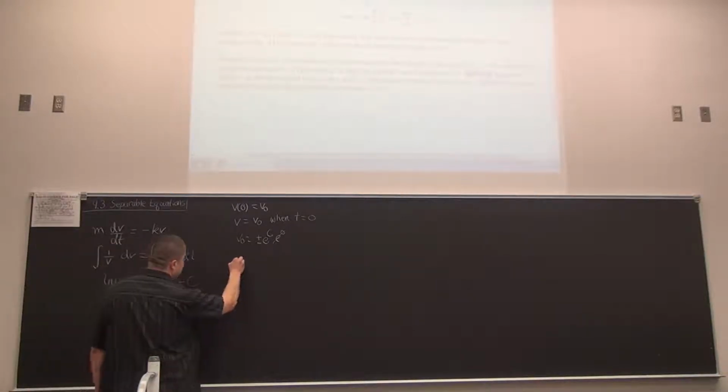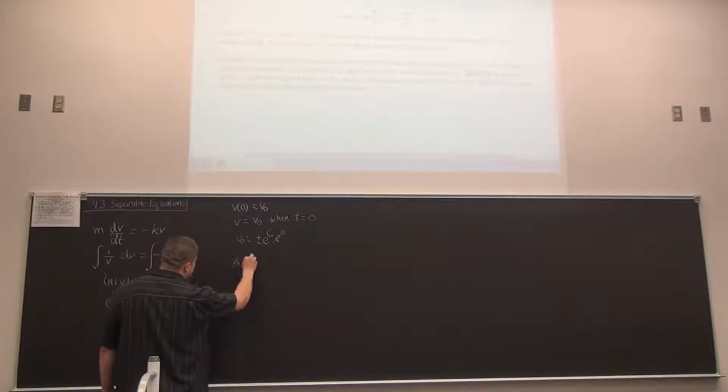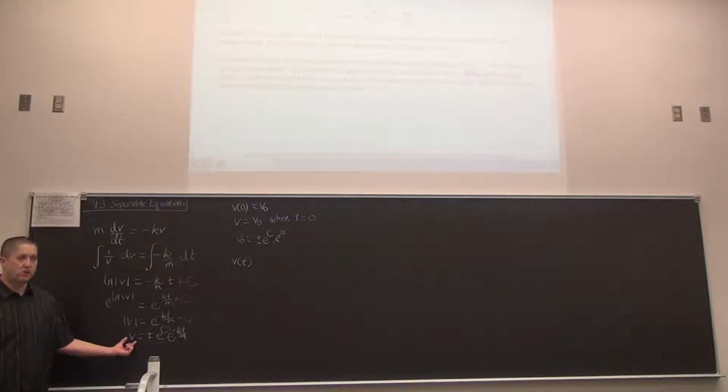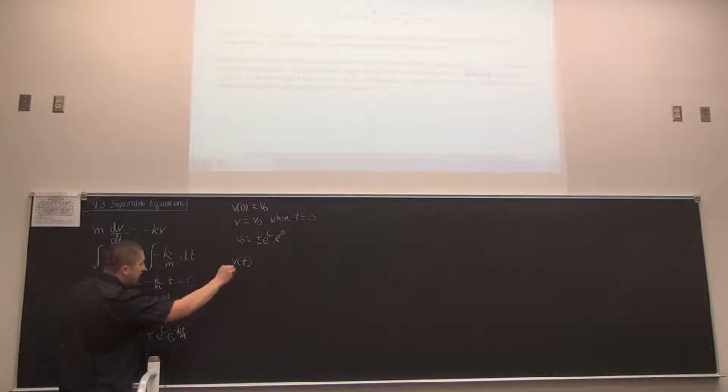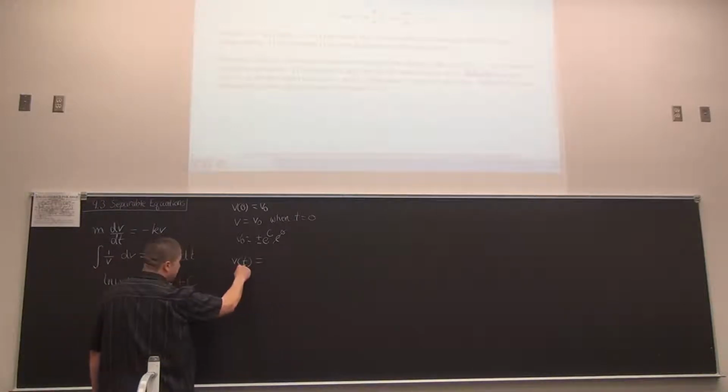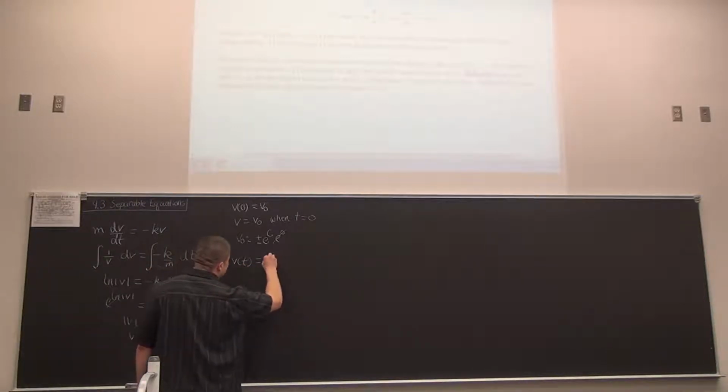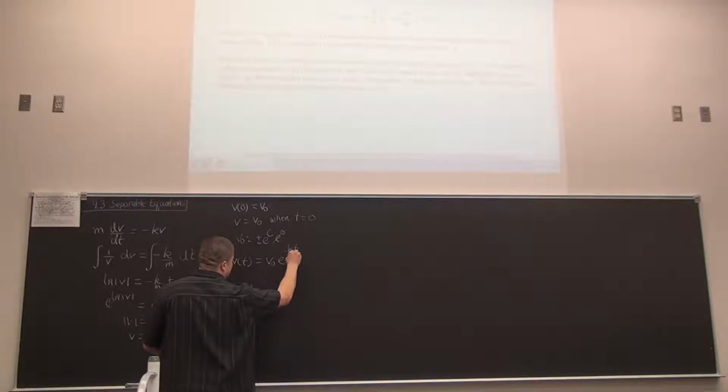We can now conclude that v at time t, you could just call it v if you like, or call it v of t to highlight the fact that velocity depends on time, is equal to v naught e to the power of negative kt divided by m.